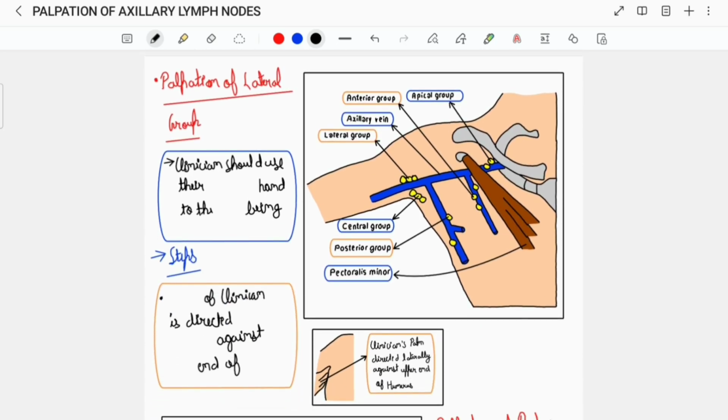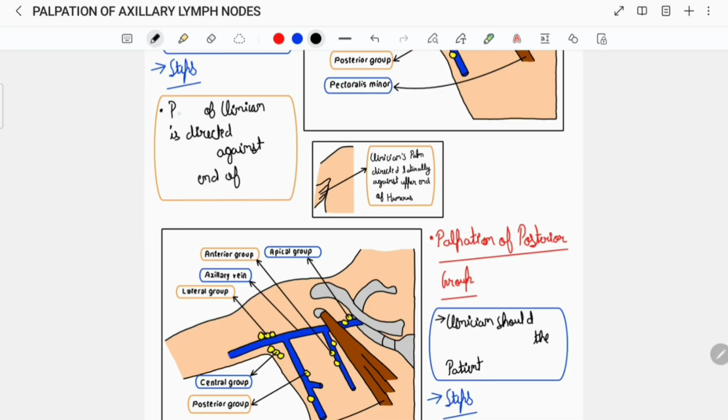To palpate the lateral group of axillary lymph nodes, the clinician should use their same hand to the side being examined. For example, to examine the right side of the patient, the clinician should use his or her right hand.